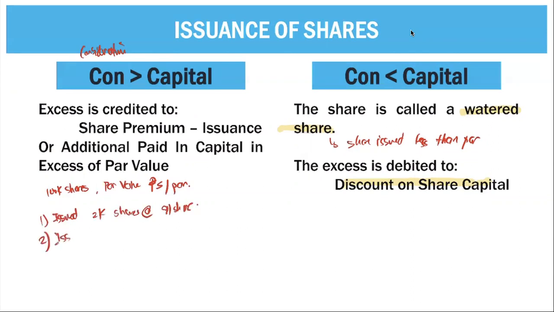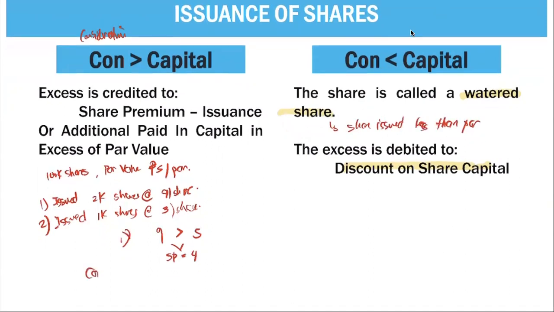Another example, issued 1,000 shares at 3 per share. Okay, so we account for the first one. Issued 2,000 shares at 9 per share. So if we issue 2,000 shares at 9 per share, what is our consideration? 9 per share. What is the amount of our capital or par value? Our par value is equal to 5 pesos per par. 9 is greater than 5, so the difference should be placed in share premium, that is 4.